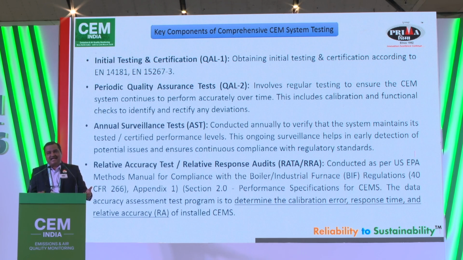And India doesn't have that facility, and neither does Asia. Currently, there may be a facility from maybe 3 years back, but hardly anyone knows. Then relative accuracy tests, RATA as per US EPA, which we have to perform. And there are a few parameters: the data accuracy assessment test program for determination of calibration error, response time, and relative accuracy of the installed CEMS.